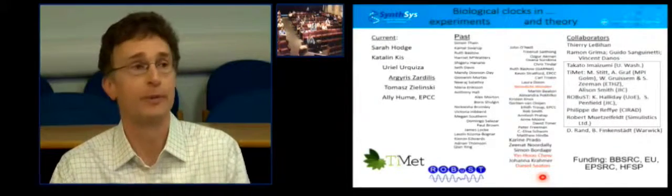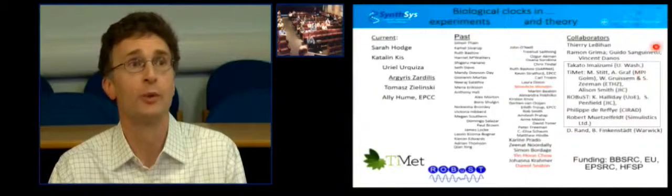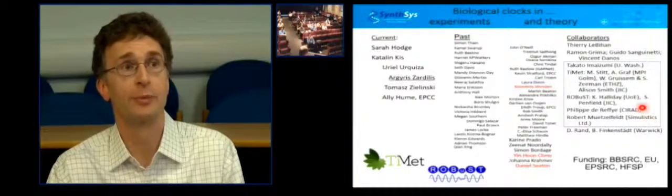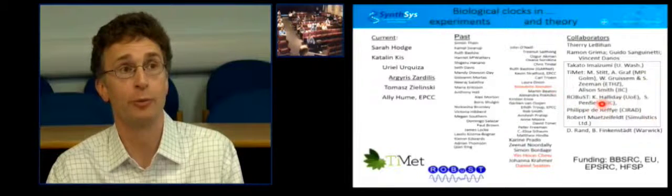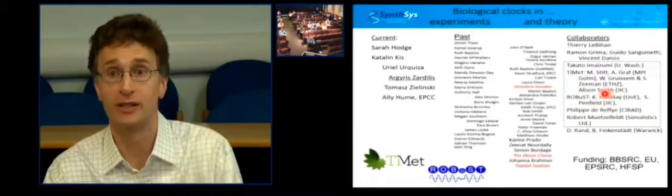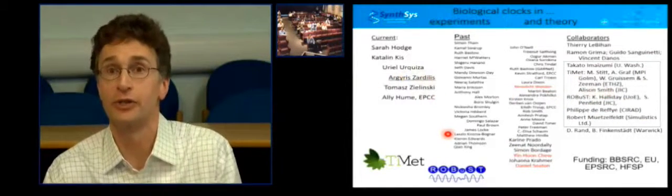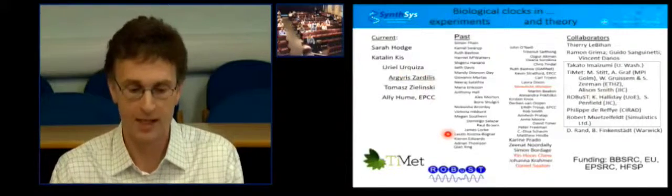For this talk, the people that I should particularly credit are Yin-Hoon Chu and Daniel Seaton, working with a large set of collaborators, particularly on the UK Robust project and the EU TIMET project, including Mark Stitt, who's with you, and Argyris Zardilis, who is a graduate student in the lab who's with you also.